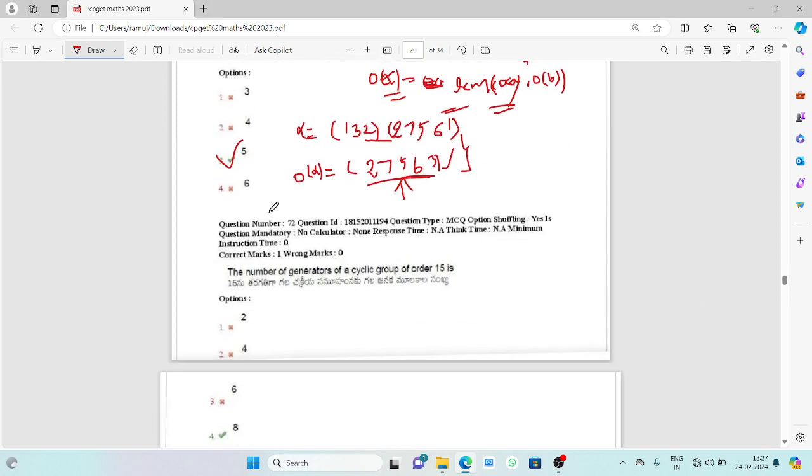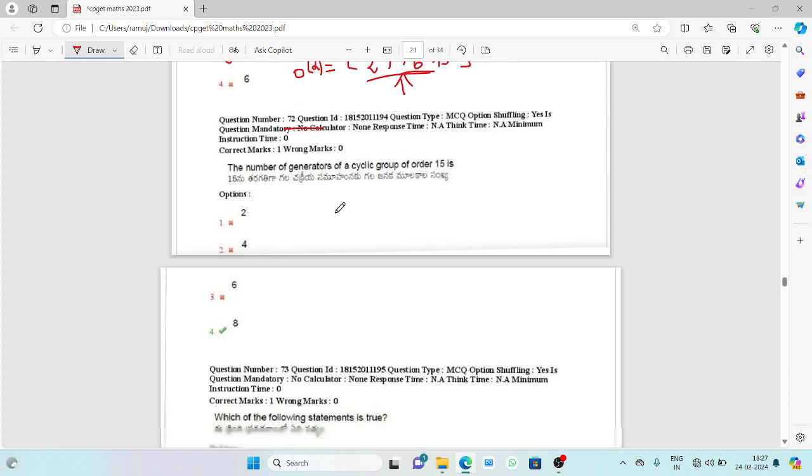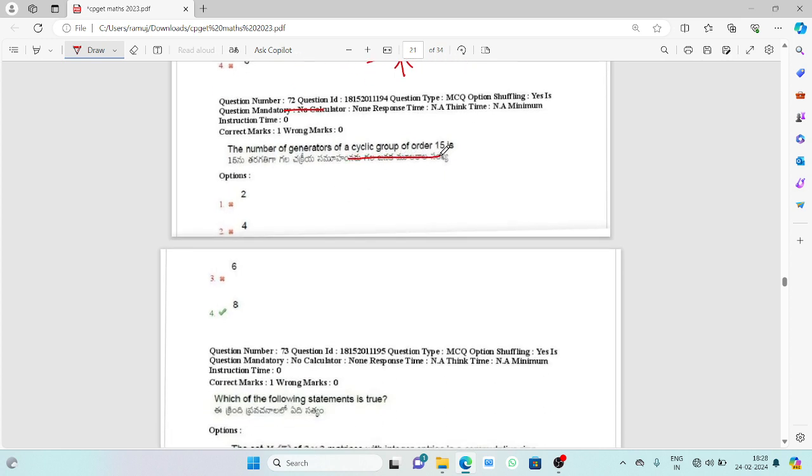So the 72 question is the number of generators of a cyclic group of order 15. I already told you, whenever a generators question for a cyclic group or abelian group comes, in general, whenever generators of a cyclic group of order n, we can use the formula phi of n. So here he is asking 15, so we can write phi of 15.